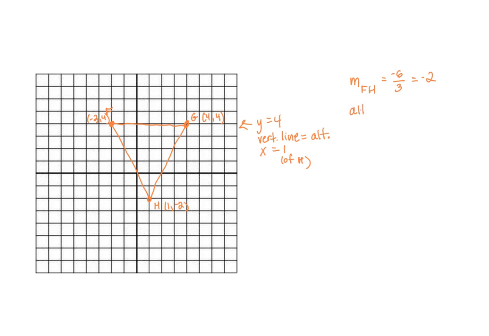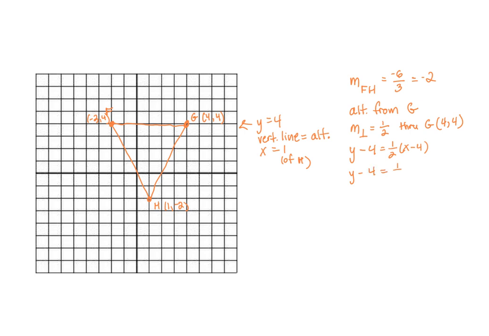Our altitude then from G is going to have the slope that is perpendicular to a line with a slope of negative 2, or 1/2. And it is going to go through our point G, which is 4, 4. So that equation will be y minus 4 equals 1/2 times x minus 4.